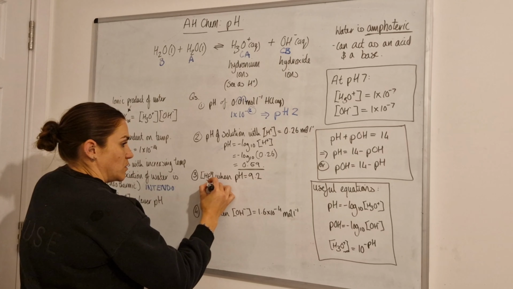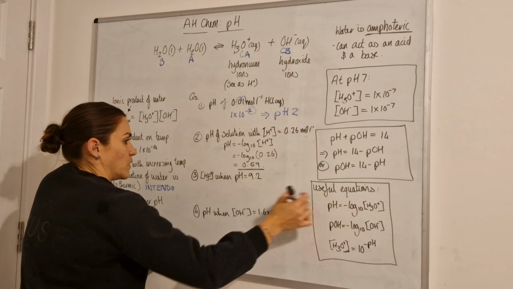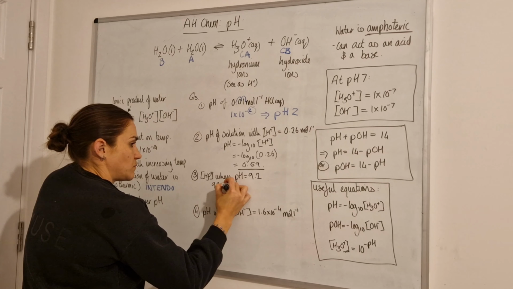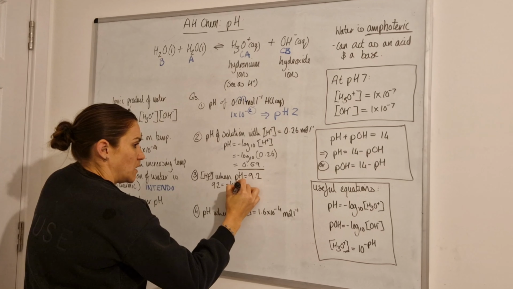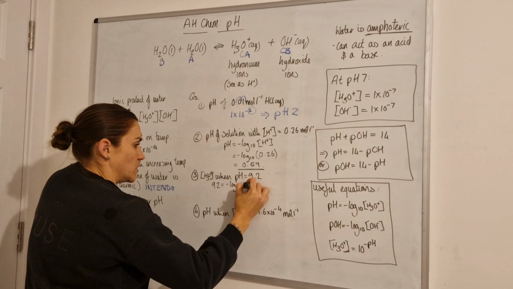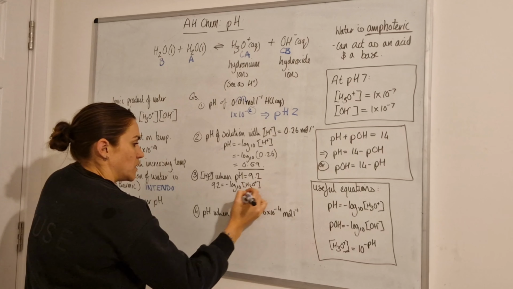But if we plug it into the pH equation with the hydronium ion concentration, we've got pH 9.2 equals minus log to the base 10 of H3O positive, which is what we should work out.